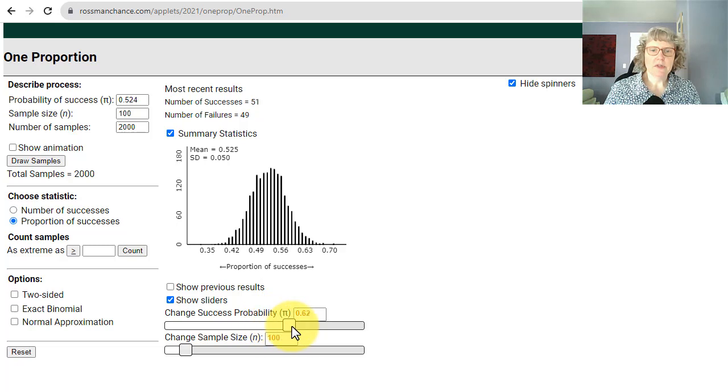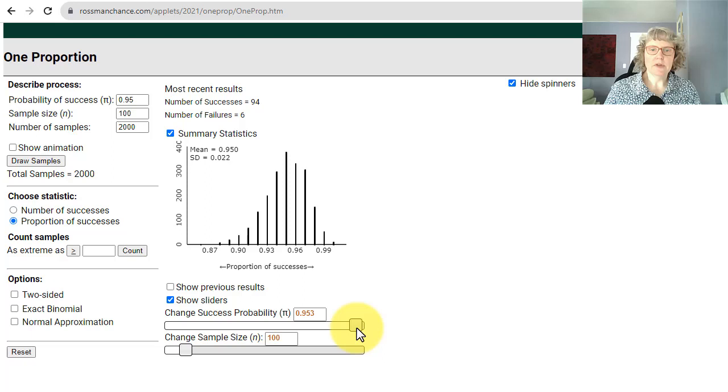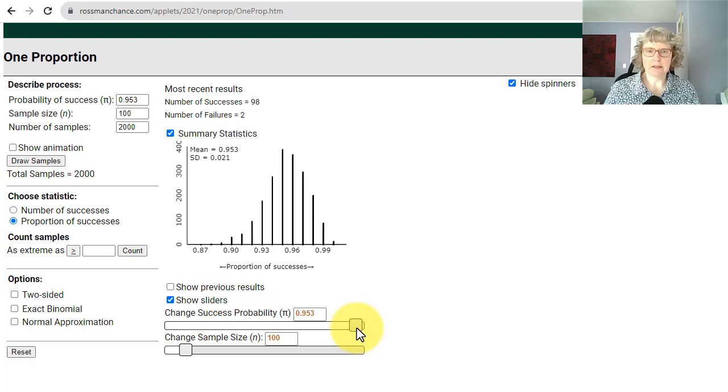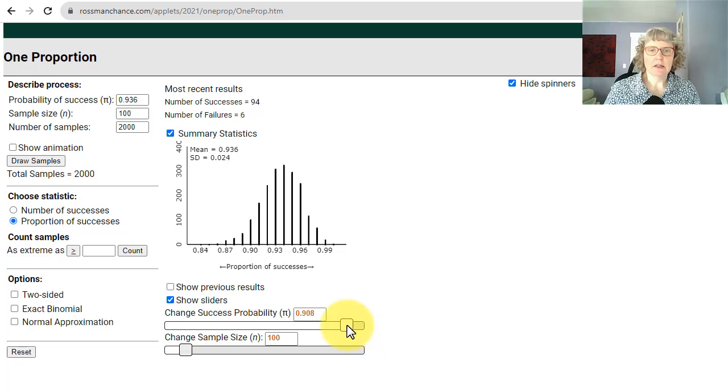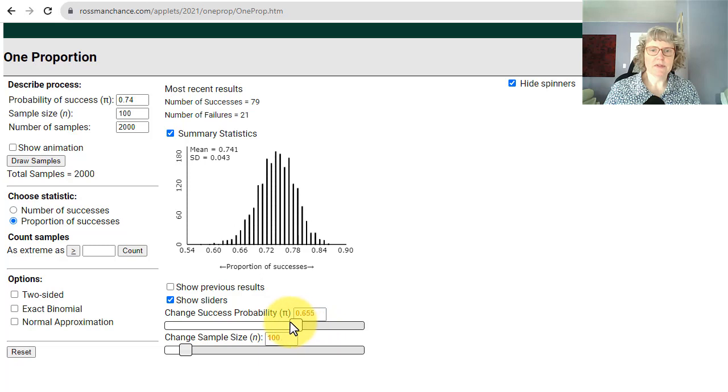What if this would be something else, not type O blood, but something else that had a really high proportion? When I get very far to the right, when the P is to the right, then it's skewed to the left, right? Because we've got more values on the upper side. And then let me slowly move it back down below 0.37.